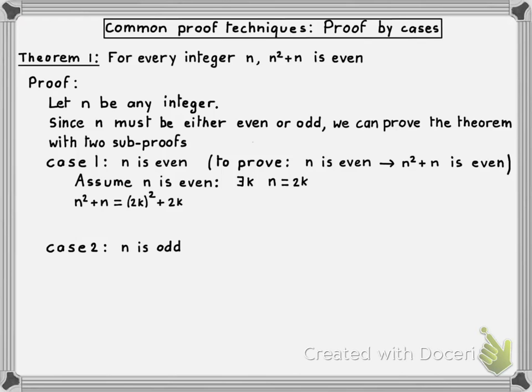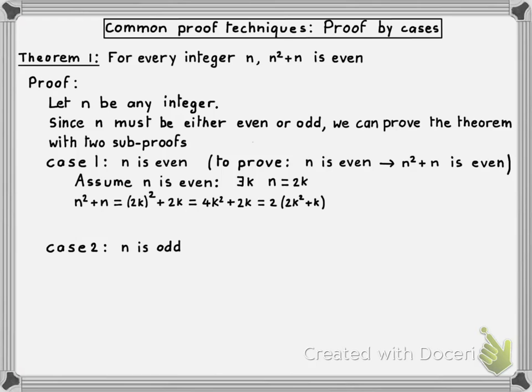Well, it's equal to (2k) squared plus 2k, in other words, 4k squared plus 2k. We're trying to prove that this expression ends up being even, so we should try to write it in the form of 2 times some integer. So let's factor out a 2 from each term to get 2 times (2k squared plus k).